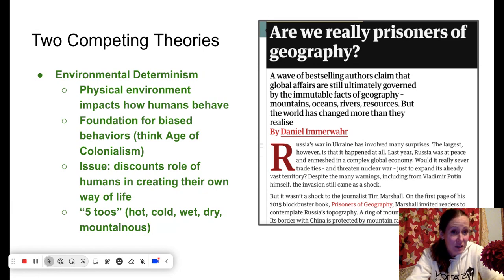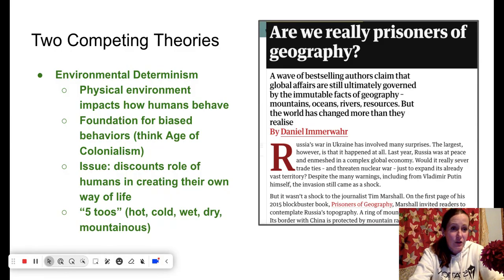Some people would even say lazy, right? And some people will get offended by that, right? Obviously, but it's this idea that the physical environment is going to impact how humans behave. This, like I suggested in that example before, has been a foundation for lots of biased behaviors over the past. Sort of a Eurocentric view, but also views by other cultures as well.